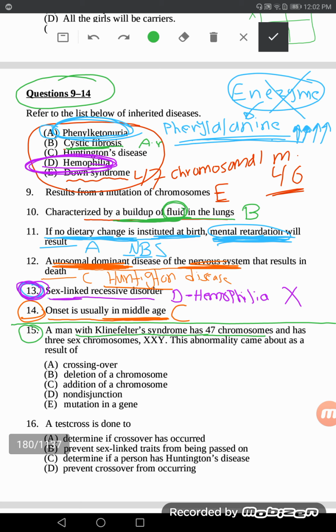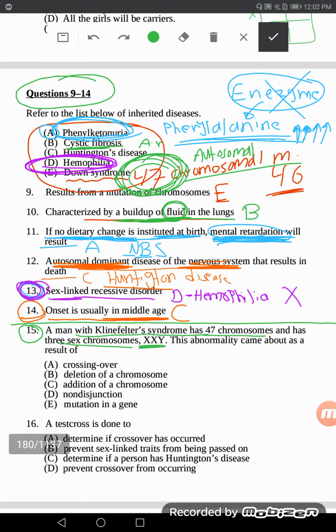Like Down syndrome, they have one extra chromosome, but the extra chromosome is a sex chromosome, they have XXY. But in Down syndrome, we mentioned that they have one extra autosomal chromosome, okay.